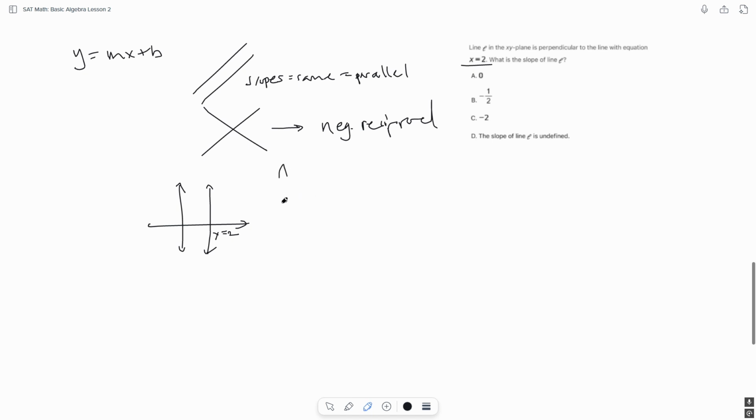But if you were to do the negative reciprocal of this, it would actually look something like this. And what do we know about this line right here? Does it go up? No. The rise is 0 for however much you run. And it doesn't matter because 0 divided by anything is 0. So it would be A.